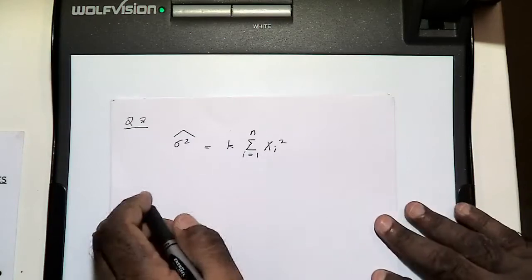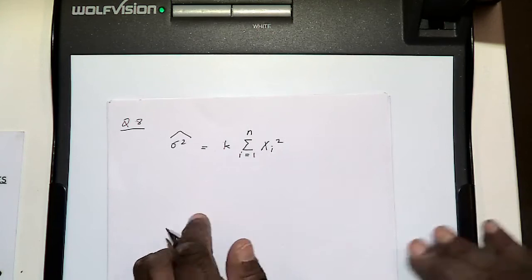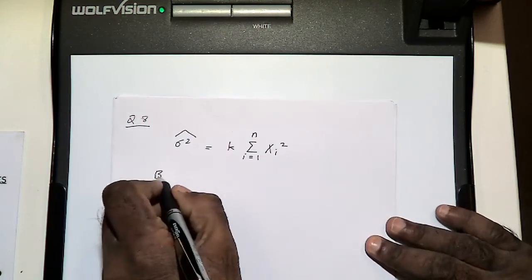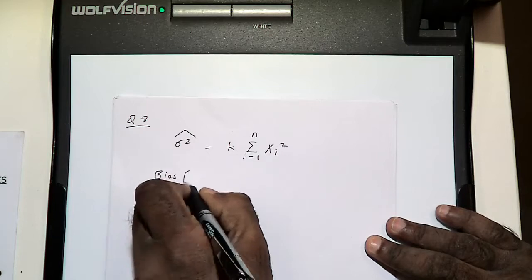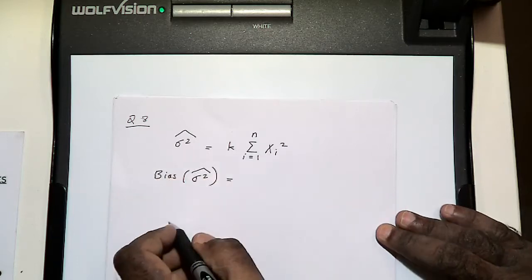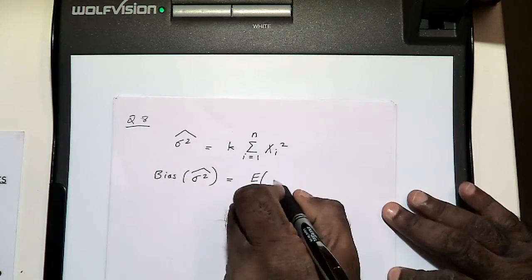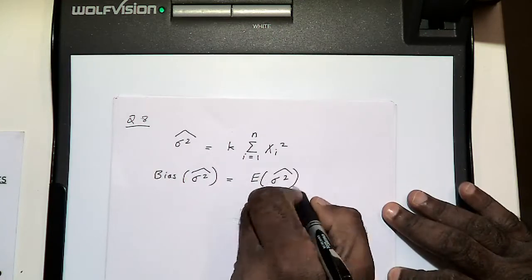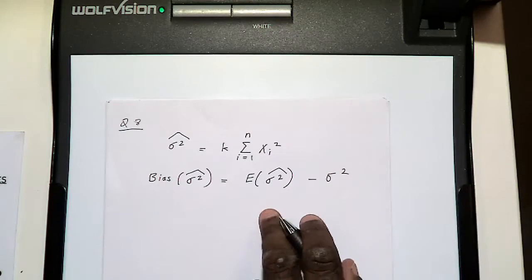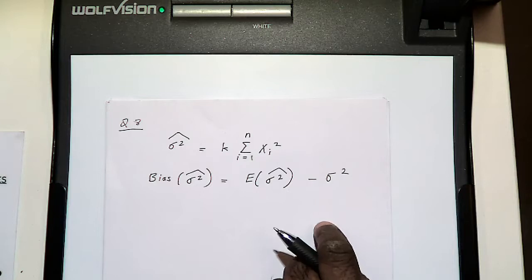Now remember, an unbiased estimator is an estimator that has 0 bias. So what you need to do is to find the bias of this, right? Which I'm sure I said many times. A bias is defined as the expectation of the estimator minus the parameter that you're trying to estimate, right?